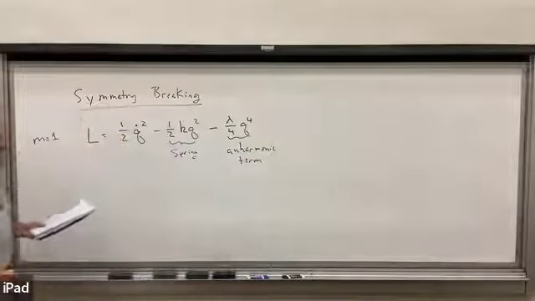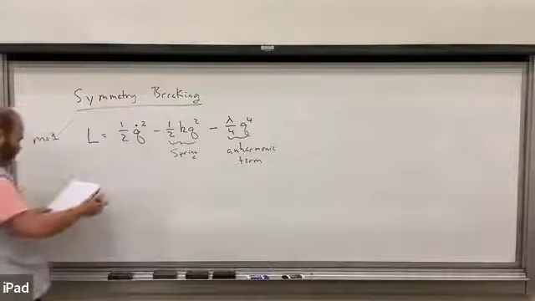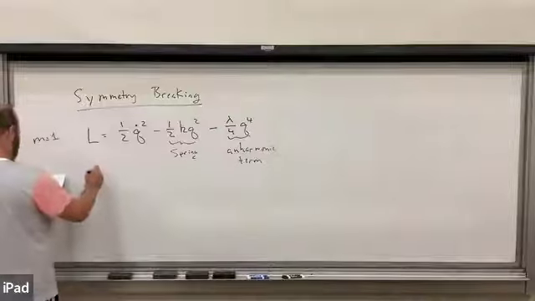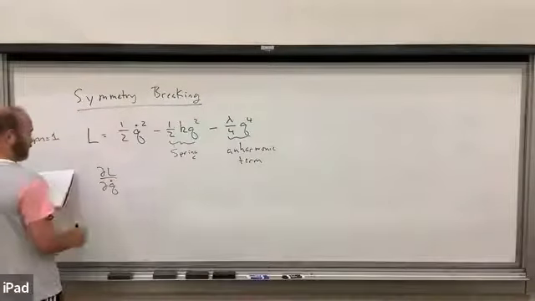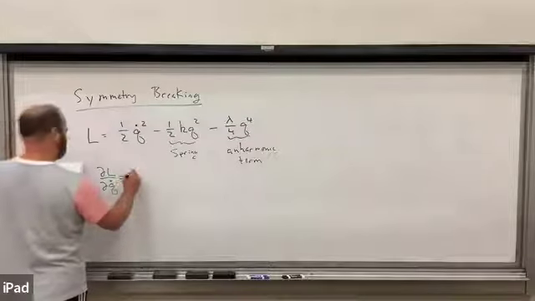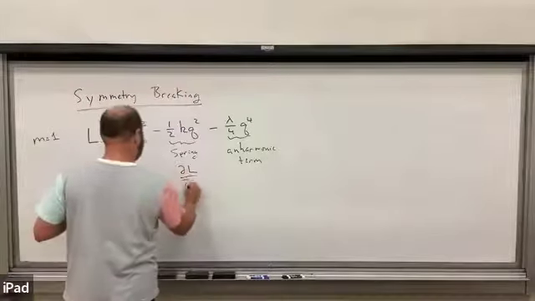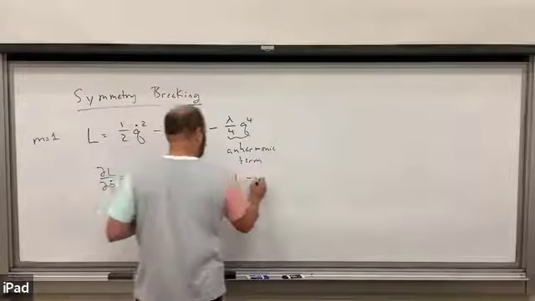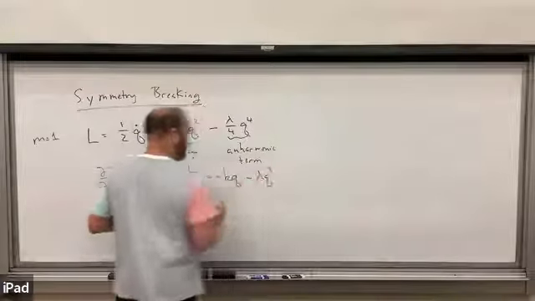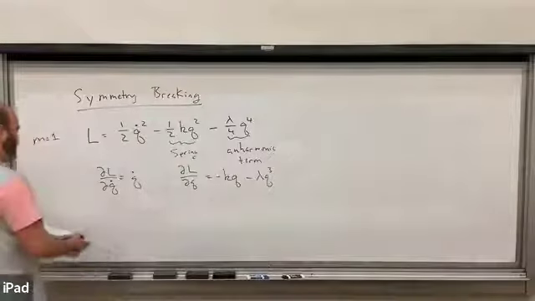Okay, and so what are the equations of motion for this? Again, this is just to get you into the swing of things. We take the Lagrangian and differentiate with respect to the derivative of q, and that's going to give us q dot. Then we differentiate with respect to the coordinate itself, and that's going to give us minus kq minus lambda q cubed.